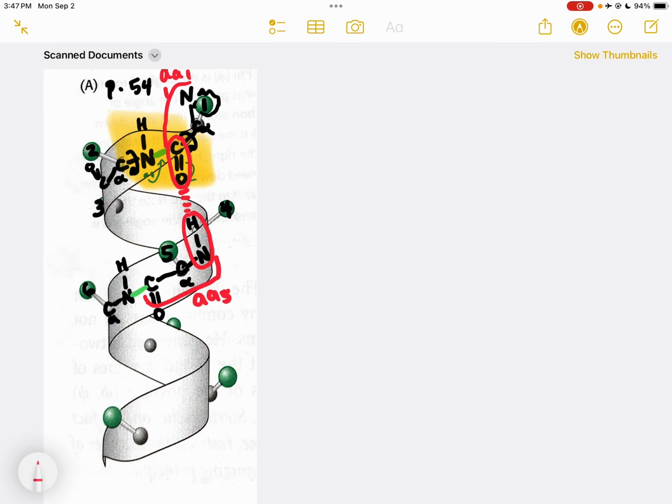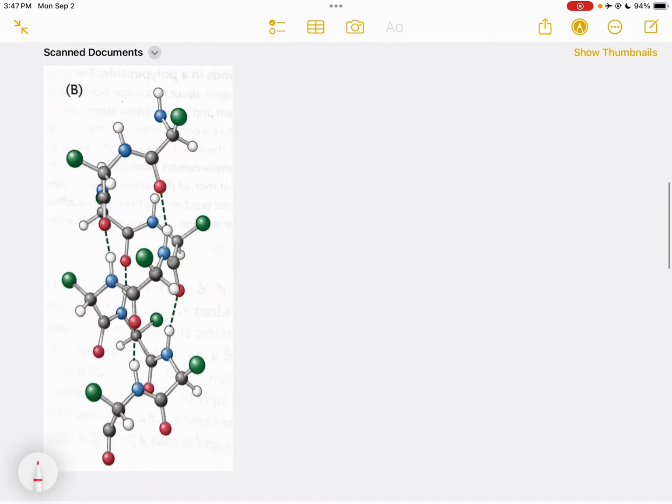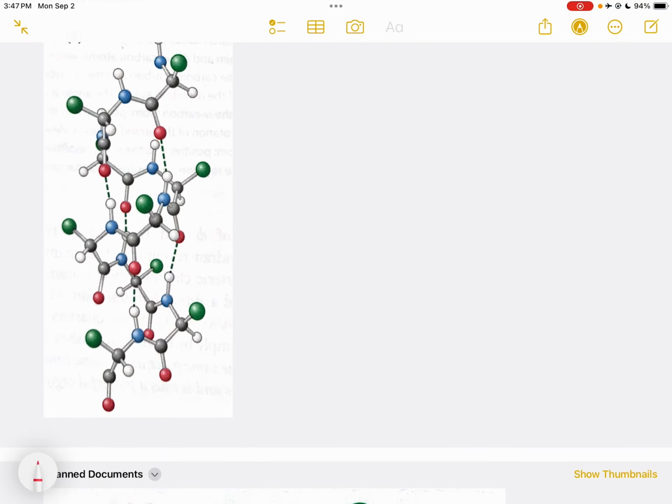And if we look at the next figure, you can see these. So here's the NCC, and here's an NH, and here's the hydrogen bond between them. And this is the 5th, and this is the 1st. Oh wait, that was the 4th. This is the 5th.